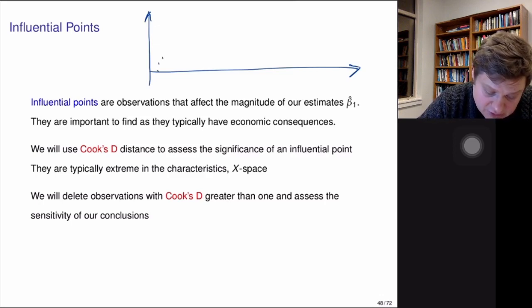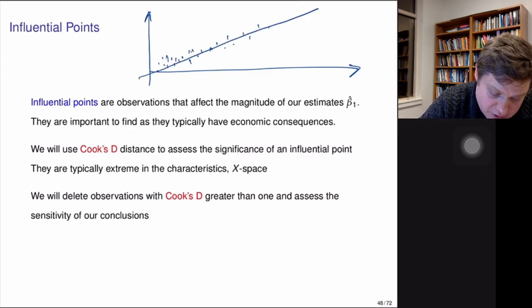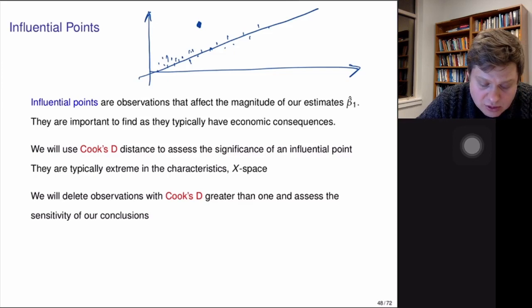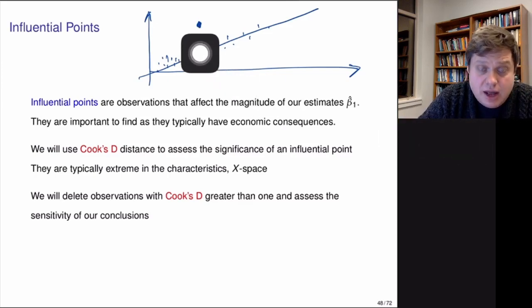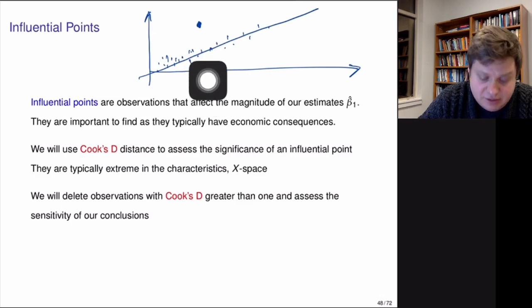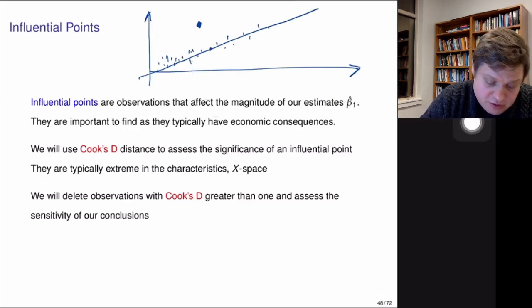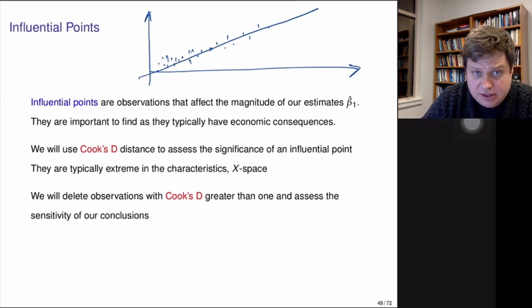So let's say you have a data set like this, and you fit a line to it. And let's say you have this point here. Whether this point is part of the data set or not will not affect the line significantly. If I remove this point, the line will stay pretty much the same.